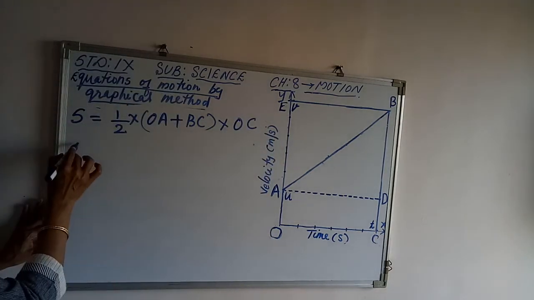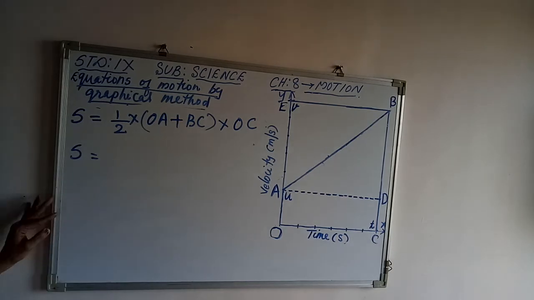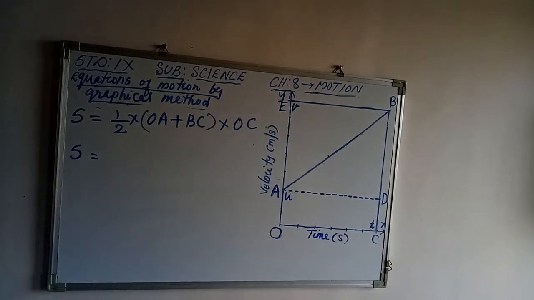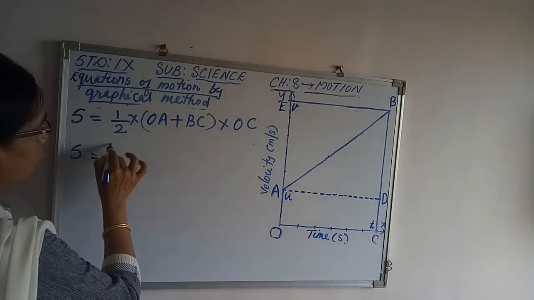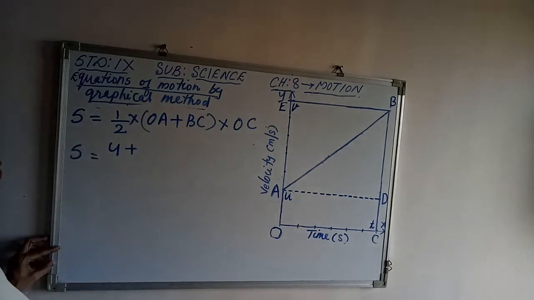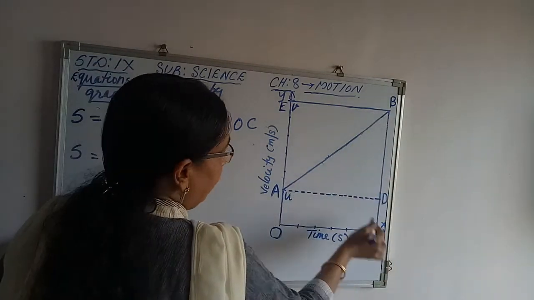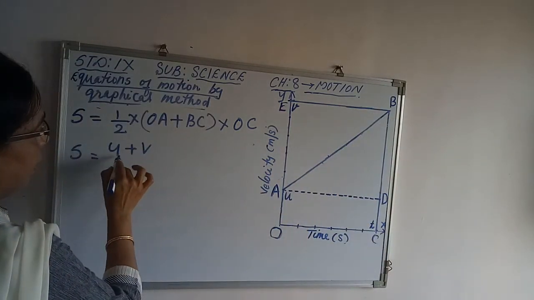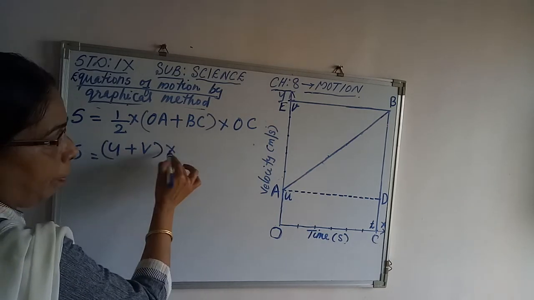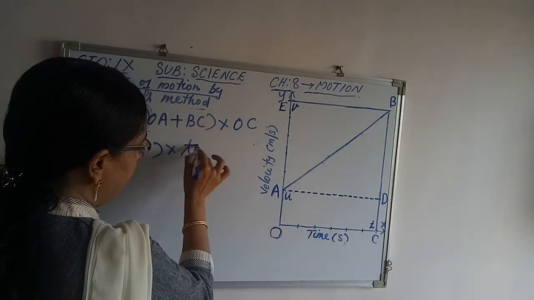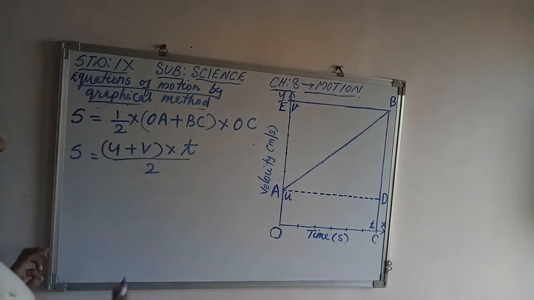Clear to you? Now, S is equal to, what is OA? It is U, plus what is BC? Final velocity, that is V. Then multiplied by OC, it is T upon 2.